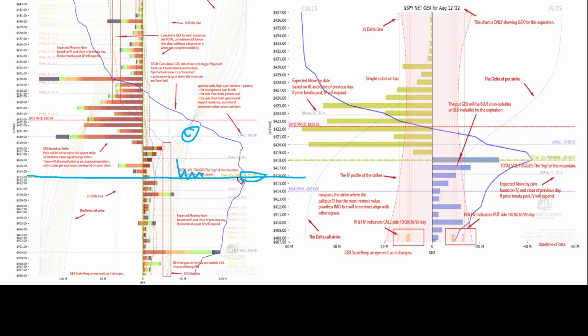Because zero gamma is always close to the volatility trigger. You can research the difference between zero gamma and volatility trigger. But both, we have to read as the same context.